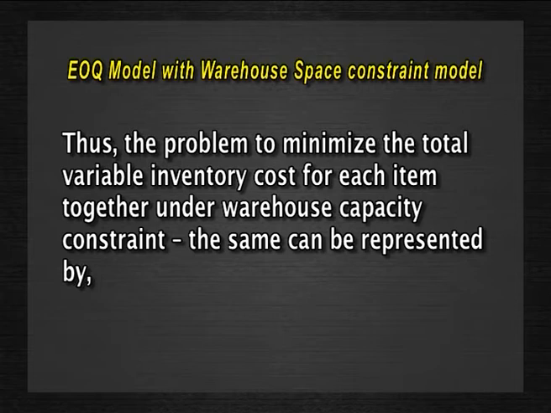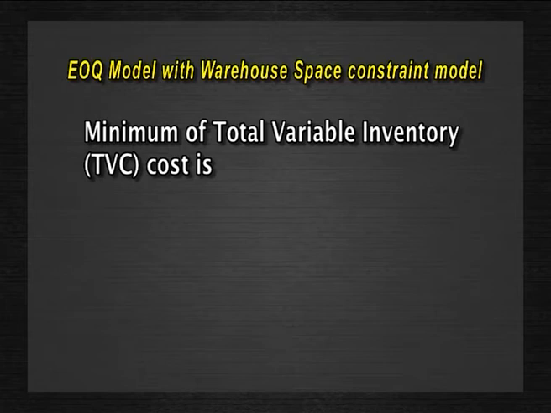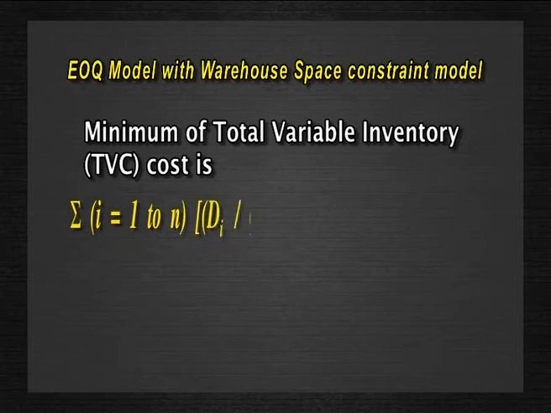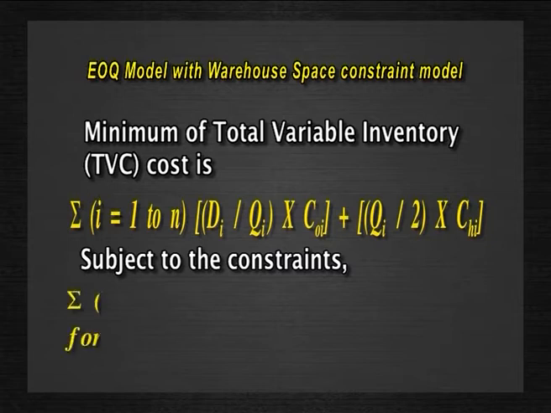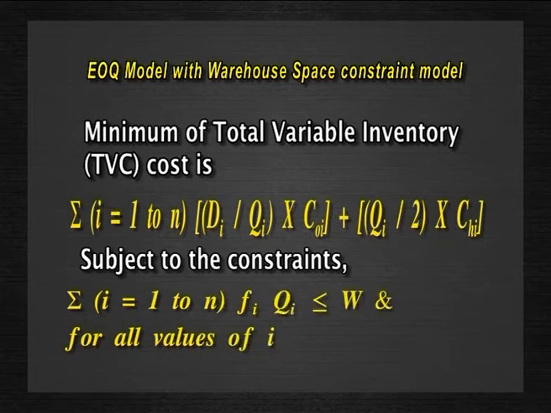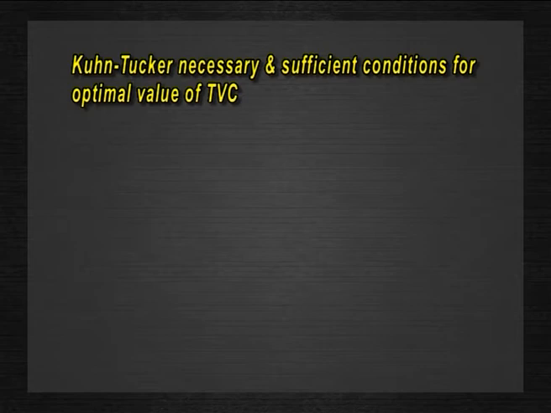This can be represented as the minimum of the total variable cost, TVC, which is the summation of i equal to 1 to n of Di by Qi into Coi plus Qi by 2 into Chi, subject to the constraints summation of i equal to 1 to n of Fi into Qi less than or equal to W, and Qi greater than or equal to 0 for all values of i. Now next, coming to the Kuhn-Tucker necessary and sufficient conditions for the optimal value of TVC.